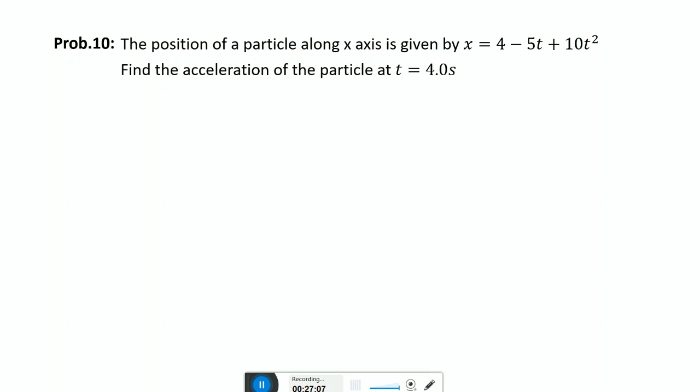Find the acceleration of the particle at t is equal to 4 seconds. The position of a particle is given, that is x is equal to 4 minus 5t plus 10t square. And we have to find out acceleration. T also given, that is 4 seconds.